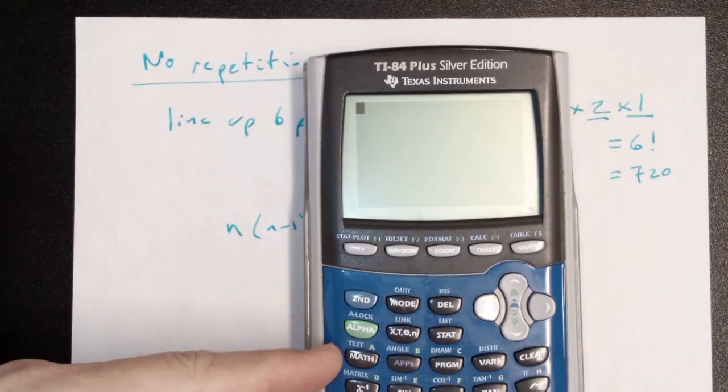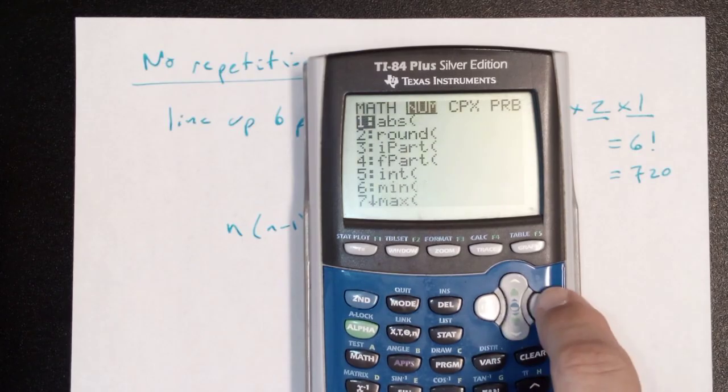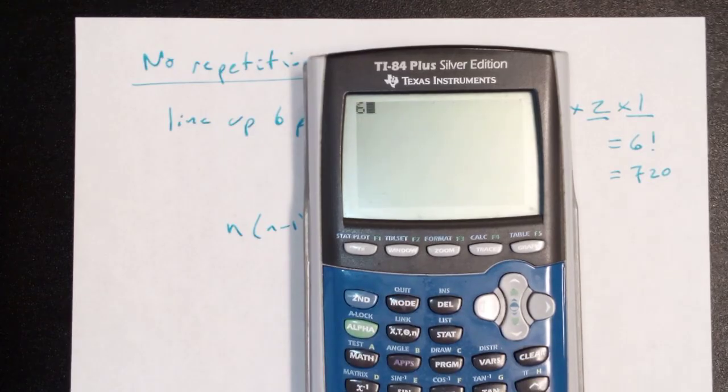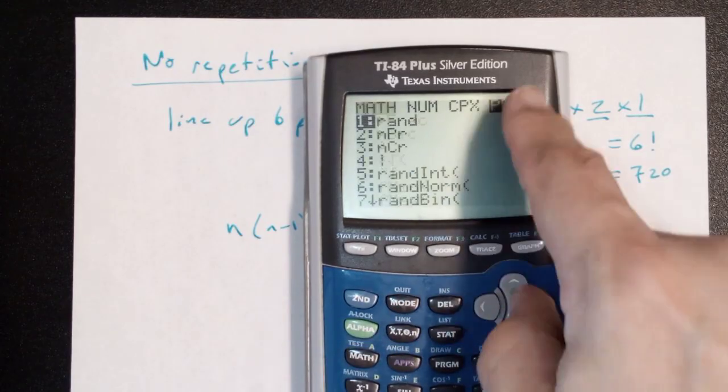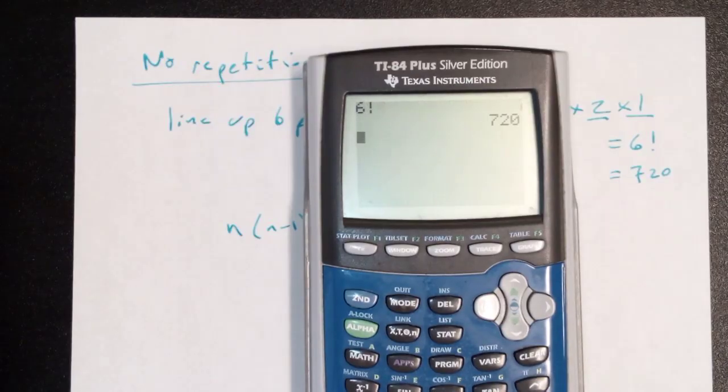Hit the math button here. And there's a whole menu with a bunch of stuff. The fourth column heading says PRB for probability. If I go over to that, there's an exclamation point right there. So if I say I want to do 6 factorial, I say 6, math, go to the PRB column and go down to option 4. And there is my calculation for 6 factorial.